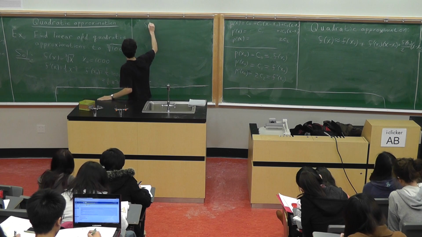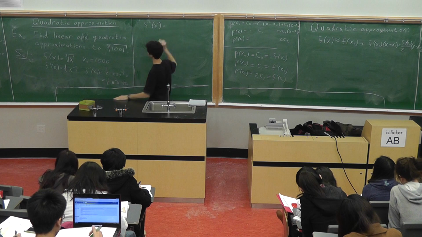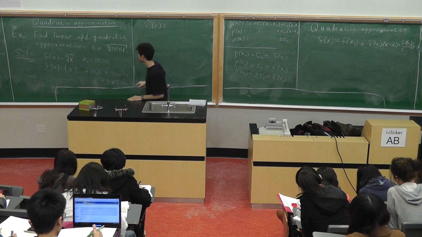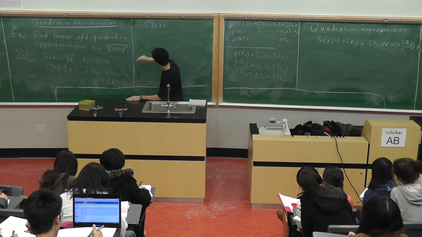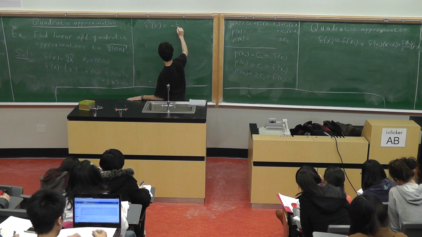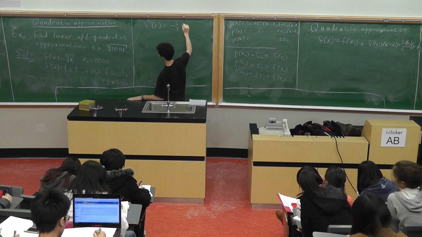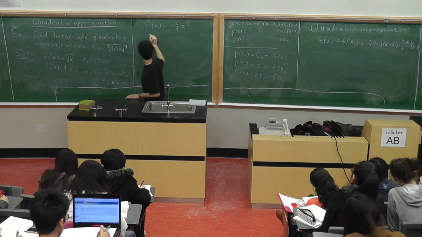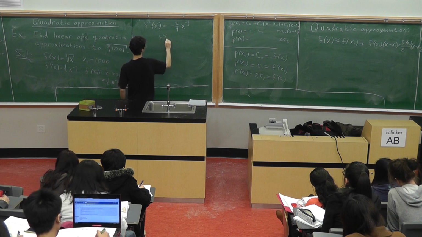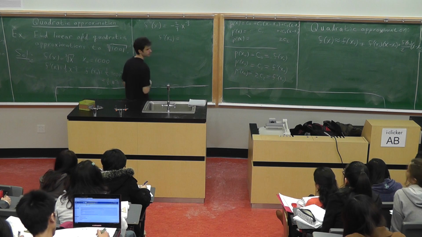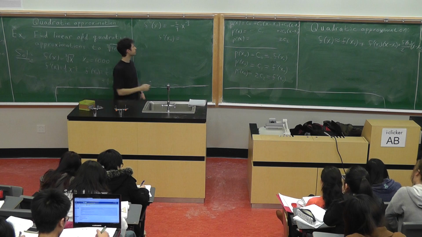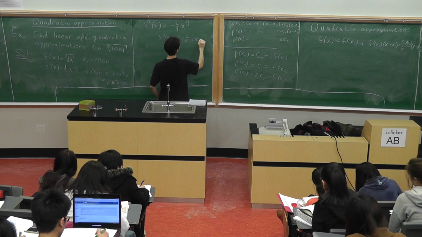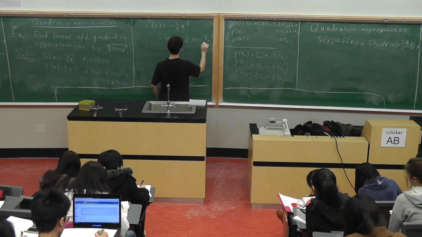Next, the second derivative, f double prime of x. The derivative of the first derivative is minus 2/9 x to the power minus 5/3. f double prime at the point x naught is minus 2/9 times 1000 to the minus 5/3.